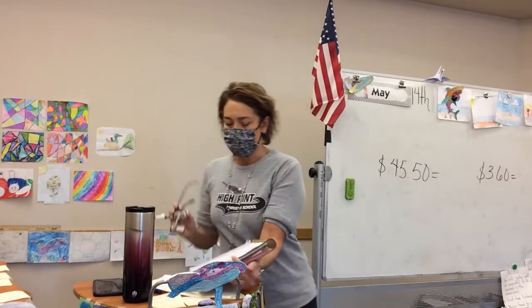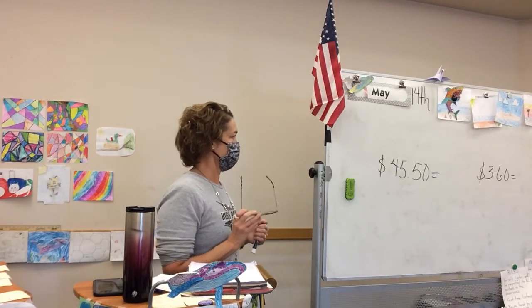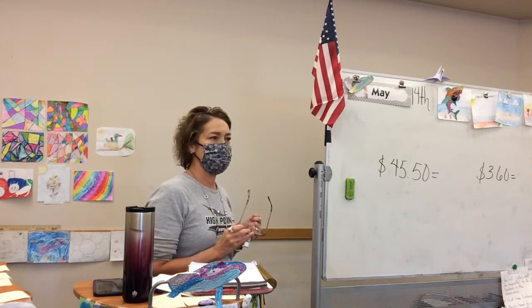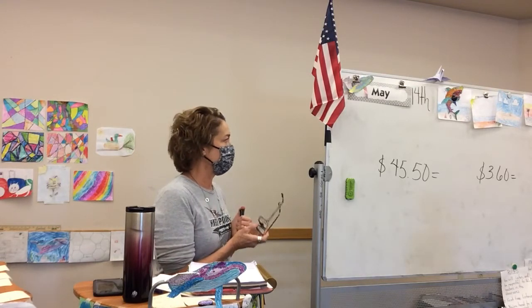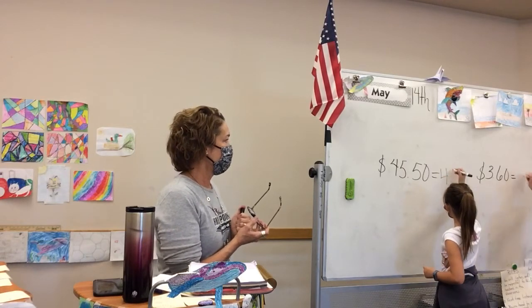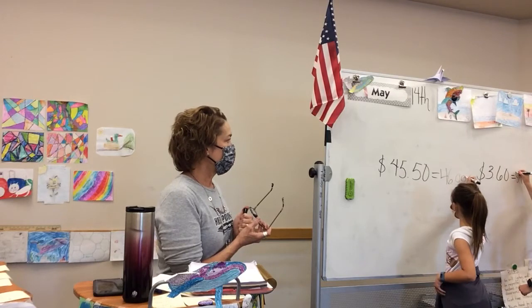James and Ella, come up with your markers, please. So $45.50 is going to turn into what? $3.60 is going to turn into what? Now don't forget your dollar signs.